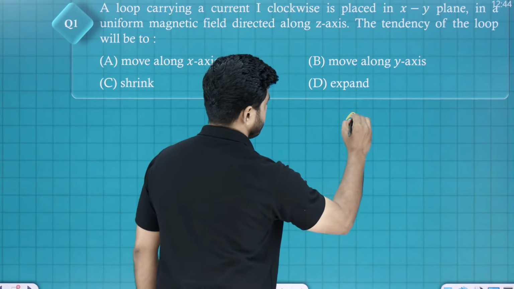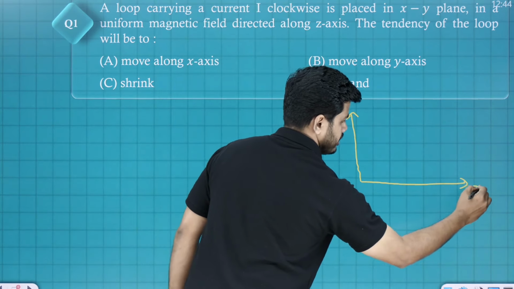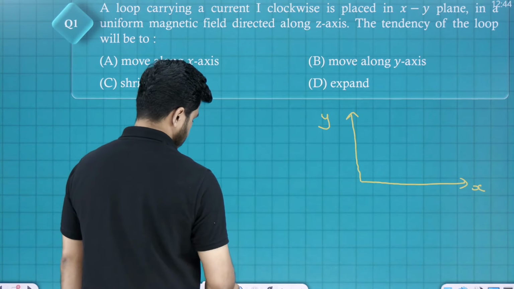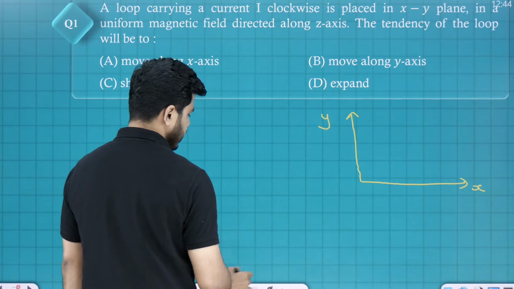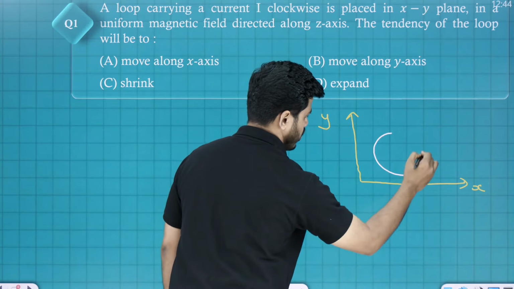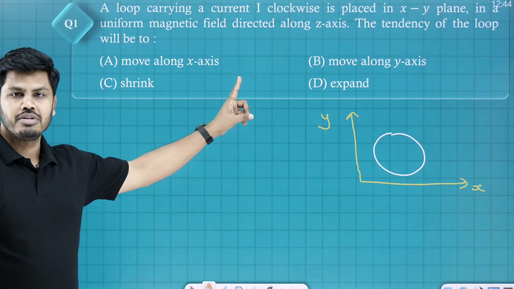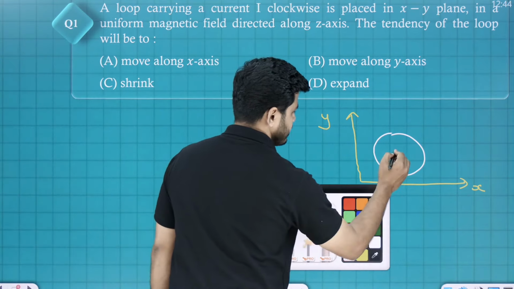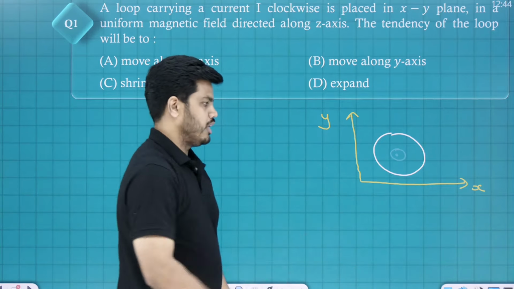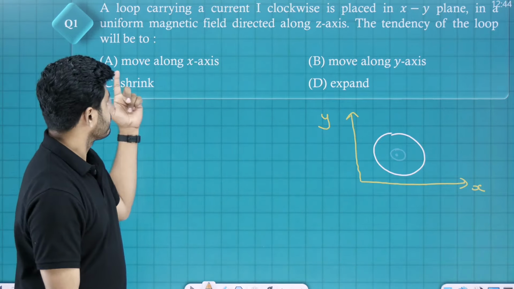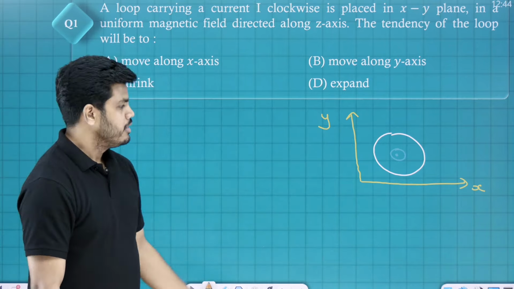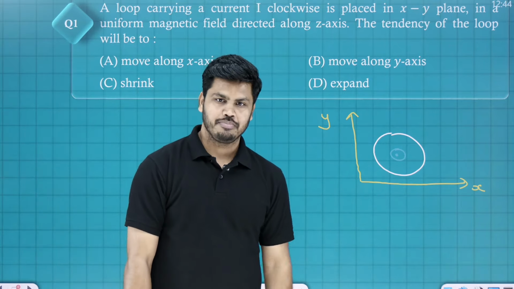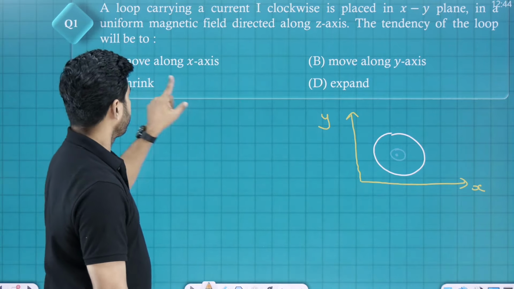If you consider this is the X axis and this is the Y axis, the loop of wire is kept in the XY plane, and the magnetic field is acting along the Z axis. That is the direction of the magnetic field given. What happens to this loop of wire is the question.